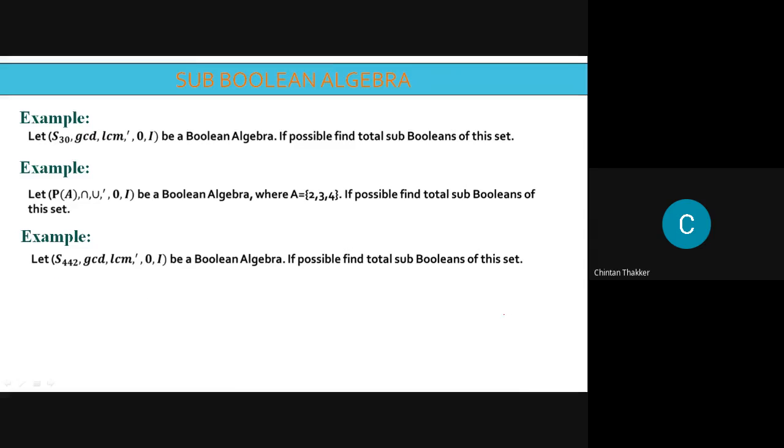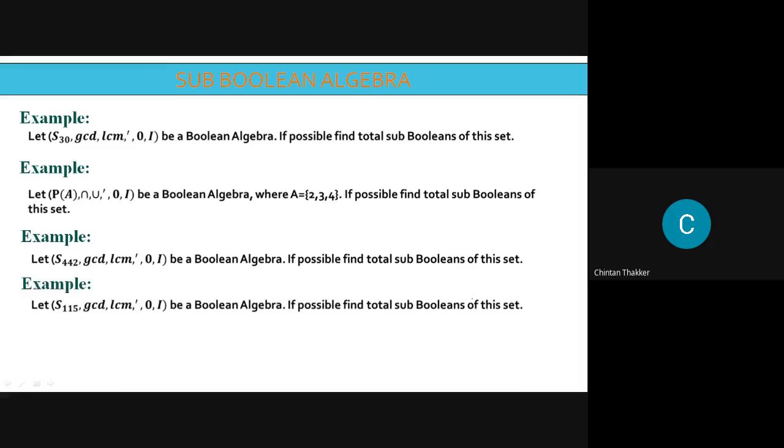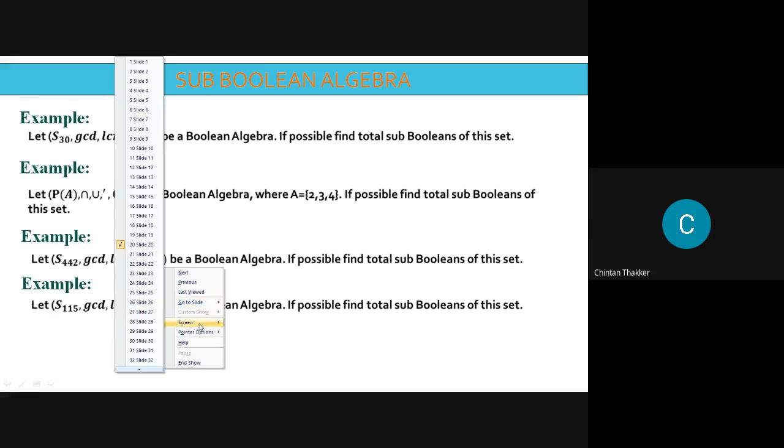So the last one is 1, 5, 7. LCM is 35. If you divide by 35, 6; by 7, so 30; by 5, 42; then 210.